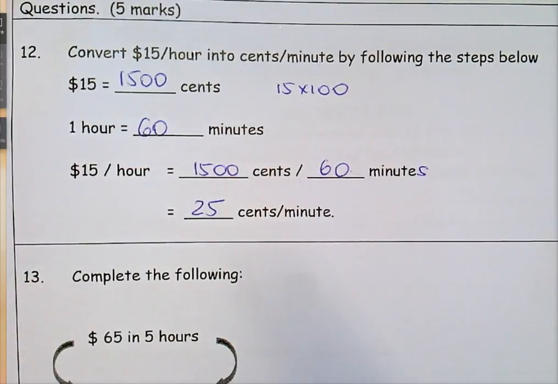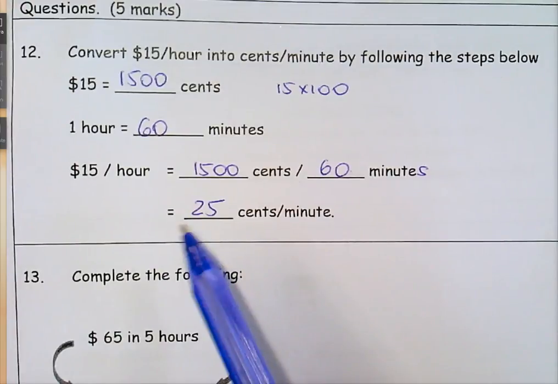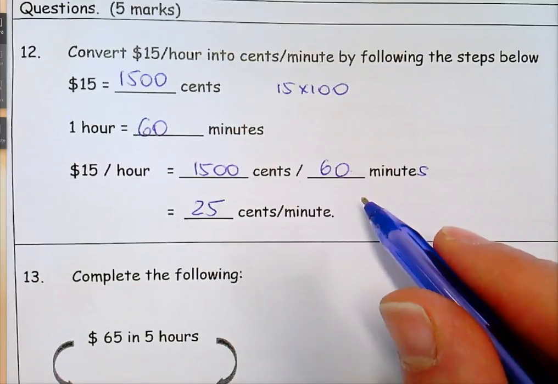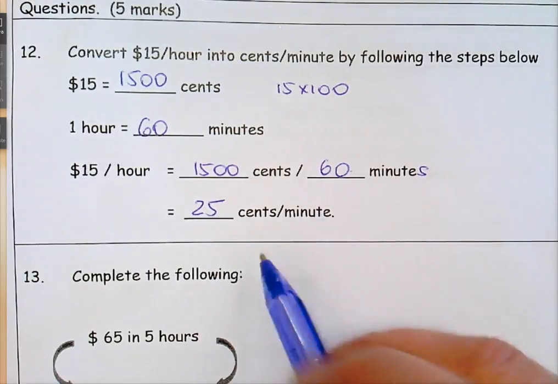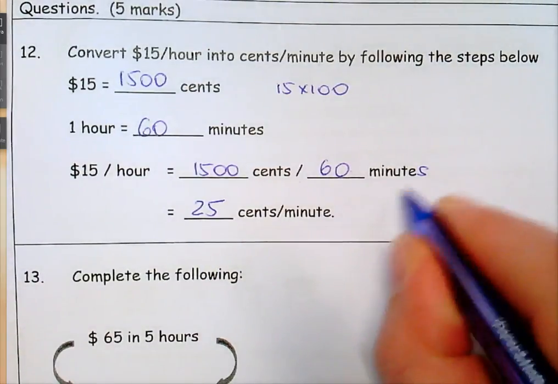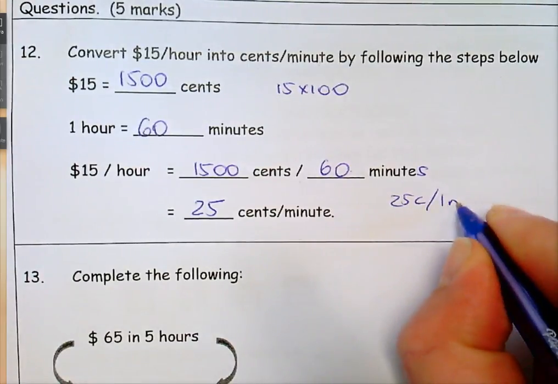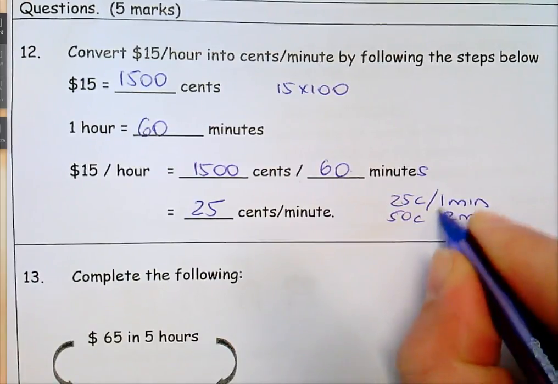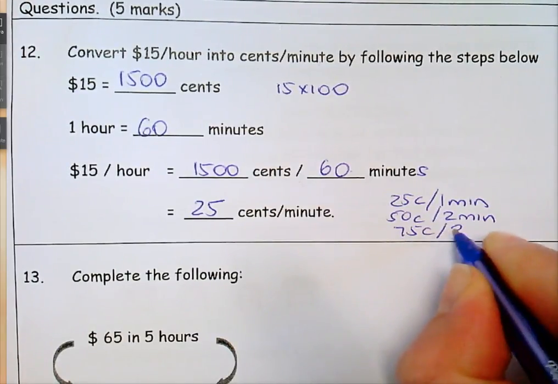Tell me how long it takes you to earn a dollar. 25 cents a minute. 25, that's 1 minute. 50 cents for 2 minutes. 75 cents for 3 minutes.